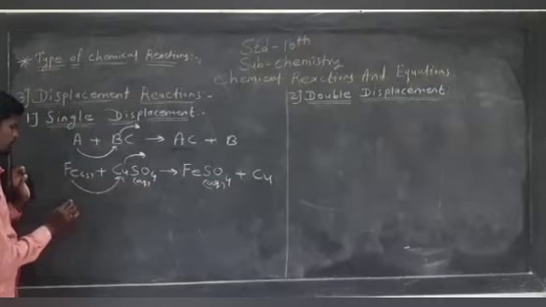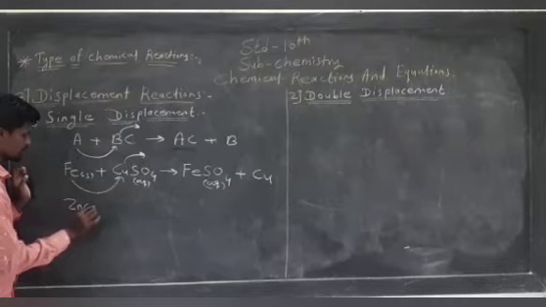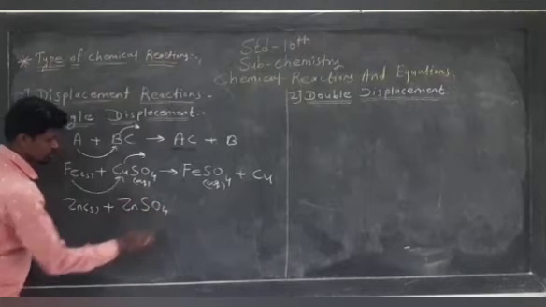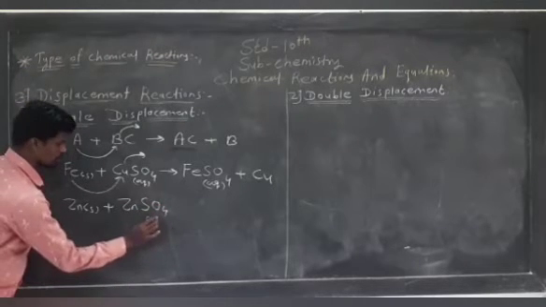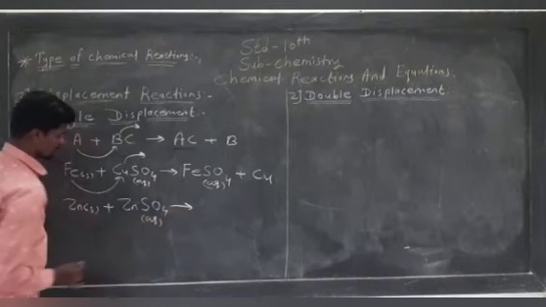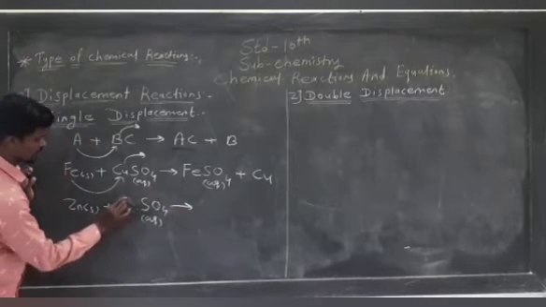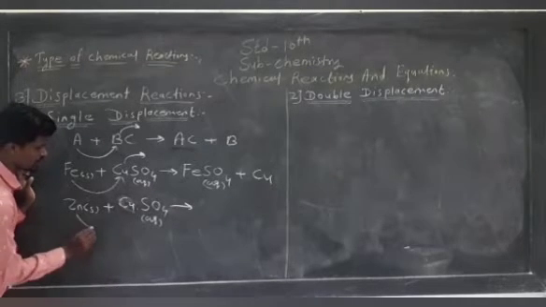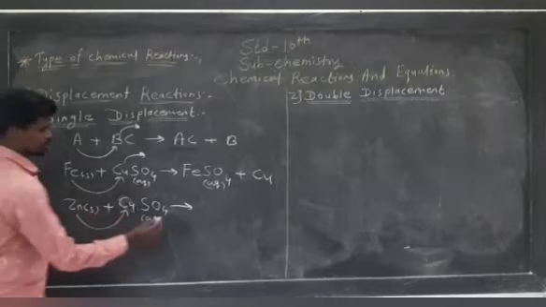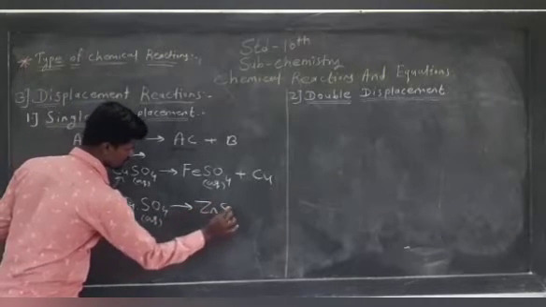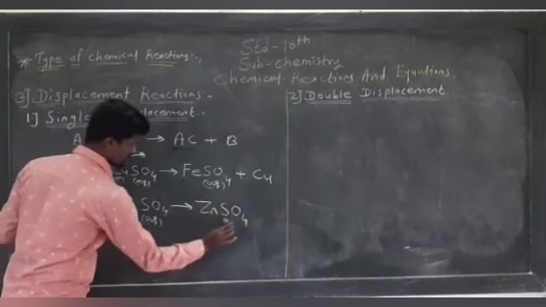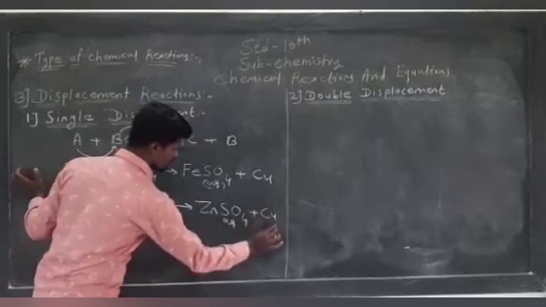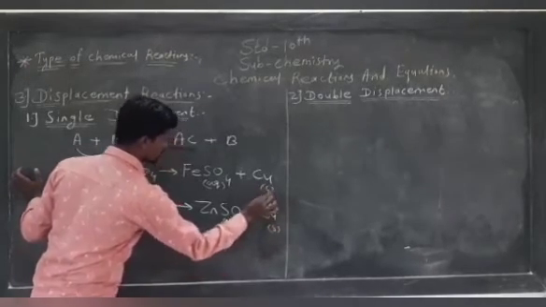Okay, second example: zinc in solid form is reacted with copper sulfate in aqueous form. This zinc displaces the other element, that is copper, and it gives zinc sulfate in aqueous form plus copper in solid form.